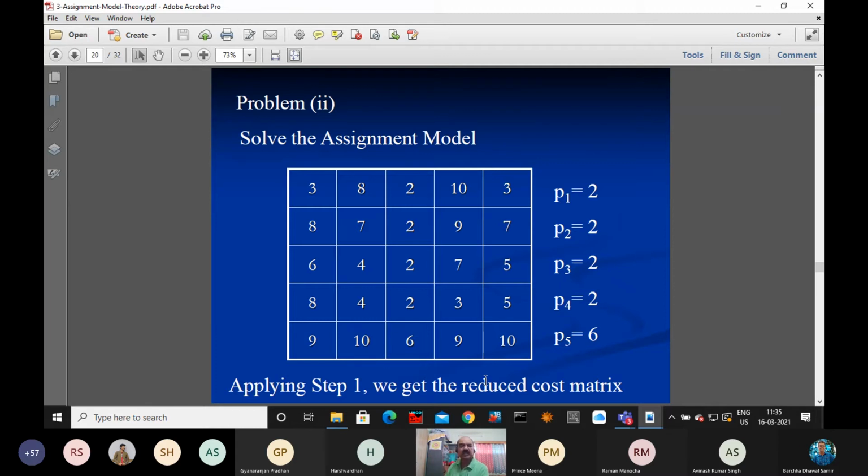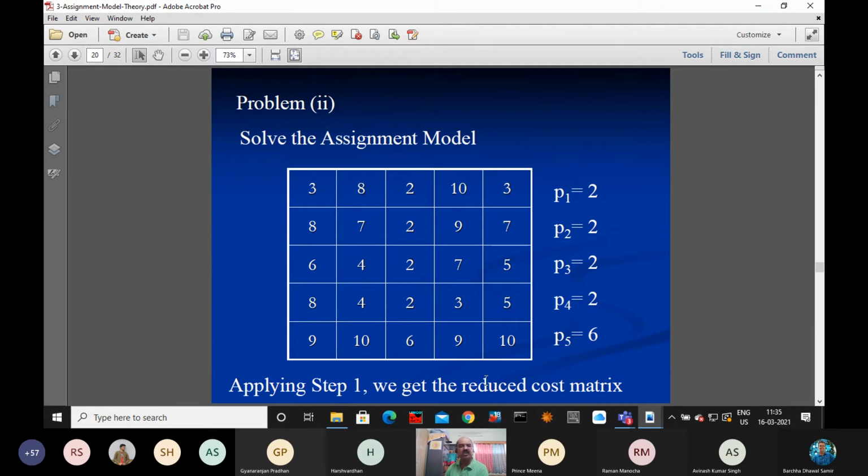First, in the first row there are 5 elements. Minimum is 2. So we subtract the minimum value in the first row. Now in the second row, the minimum value is also 2. We subtract 2 from the second row. Then in the third row, the minimum value is 2. We subtract 2 from the third row.